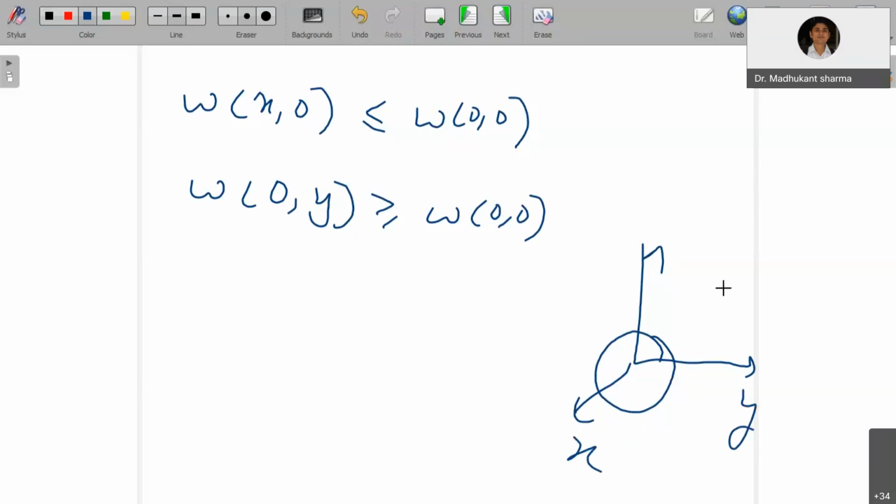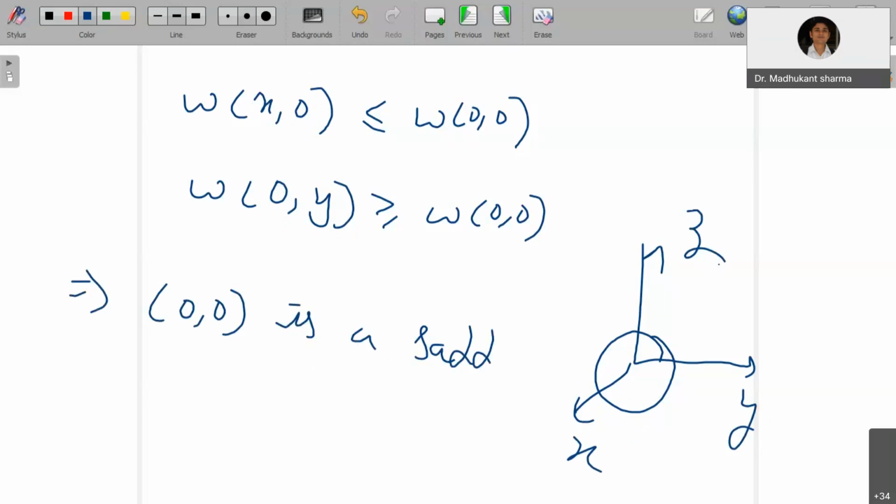So whatever disk you take, it will include points like this as well as like this. So this tells you that 0, 0 is a saddle point, neither a local maximum nor a local minimum.